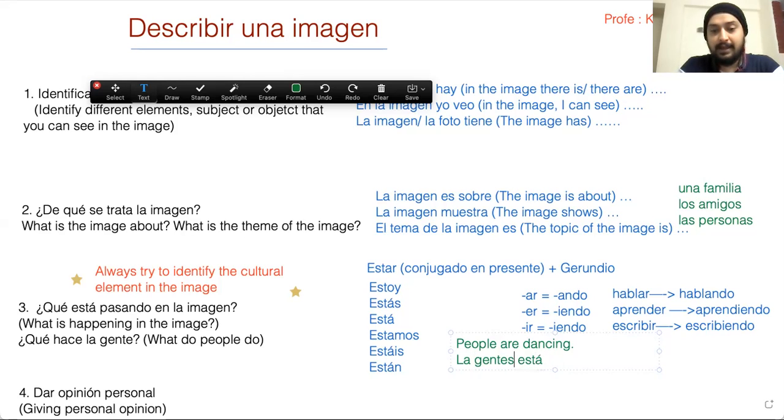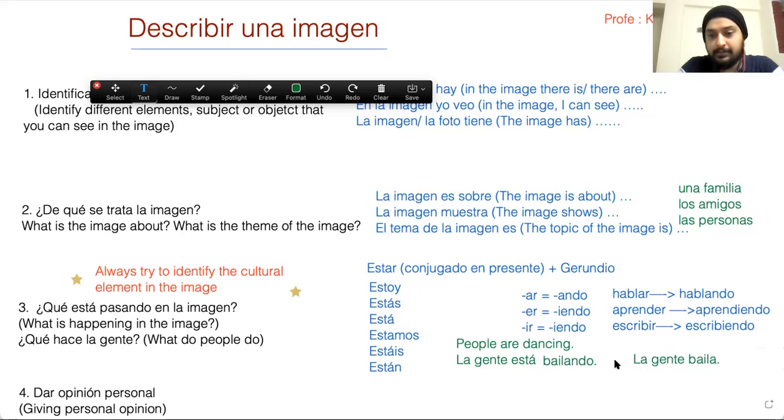So la gente, it's a third person singular, so I will use está. And what are they doing? The verb to dance is bailar. As it ends with AR, I will change the ending with ando, bailando. Or we can also convert it into present tense. La gente baila. The people dance.